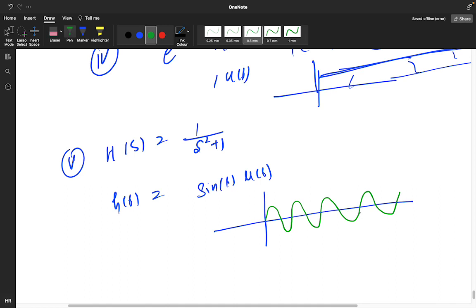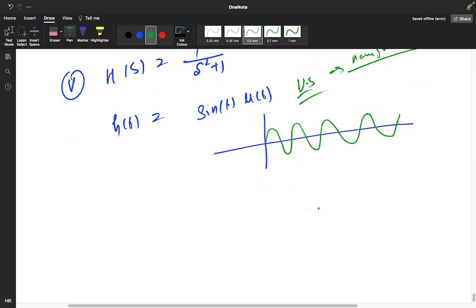So this is also unstable. Sin t u of t is unstable. But if you see in the form of poles and zeros, they say marginally stable. In control systems, we'll discuss what is the meaning of marginally stable.